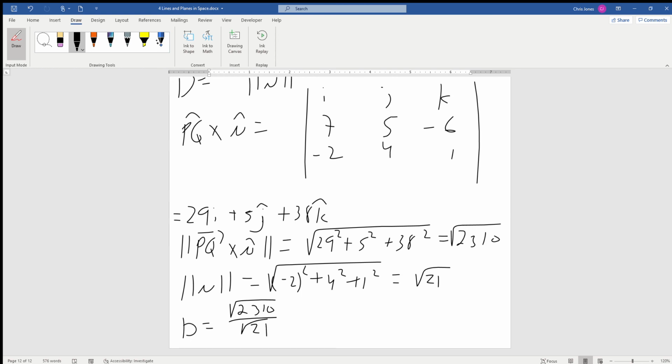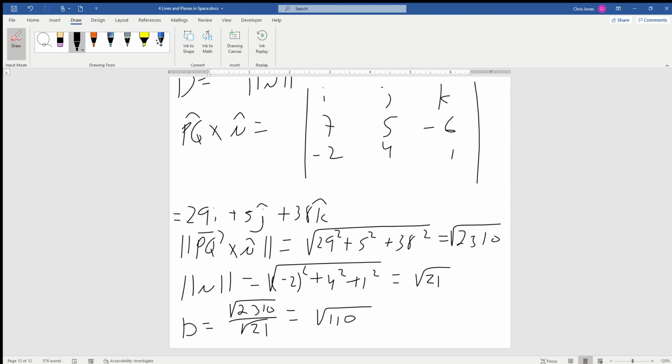Let's see if they're divisible. They are exactly divisible, into 110, and I don't know if there's a perfect square in there anywhere. So I know 25 doesn't work, 49 doesn't work.